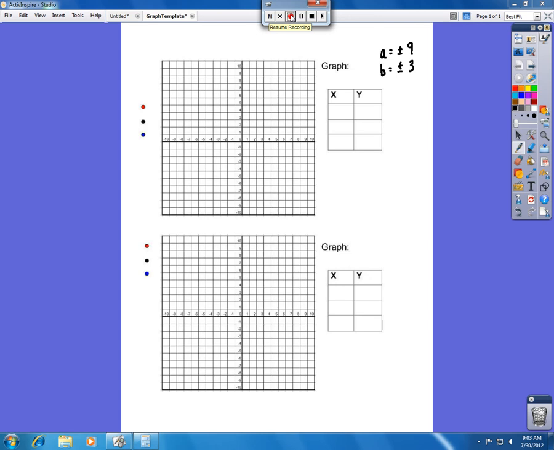To graph your ellipse, you first identify where your center is, which we already discussed, at 0, 0. Again, as a reminder, this A term was associated with the y, and the B was associated with the x. So the way you graph these is, starting at your center, on the y-axis, we're going to go plus and minus 9 values from the center.